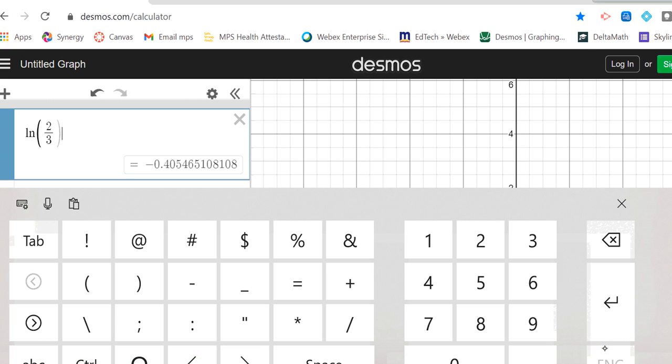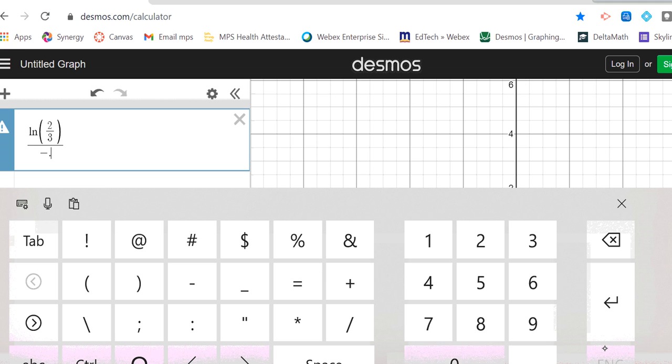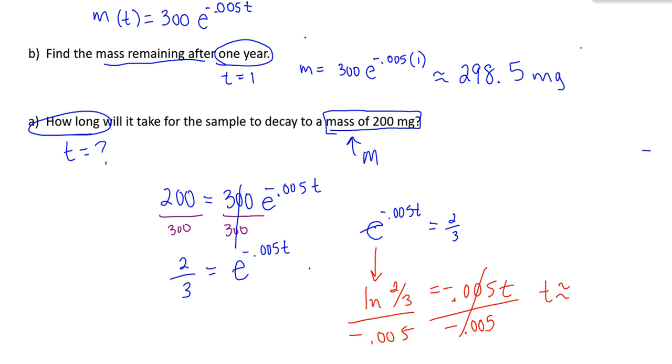Then you're going to hit the divide by negative 0.005. Looks like it's 81.09, and so on. We'll call that 81, which is about 81 years. So after 1 year, it decreased to 298. And after 81 years, it will get down to 200. Seems about right.